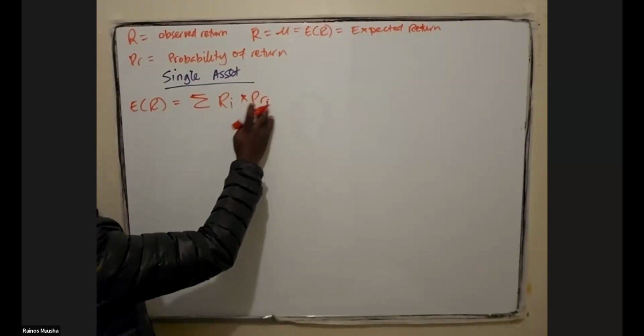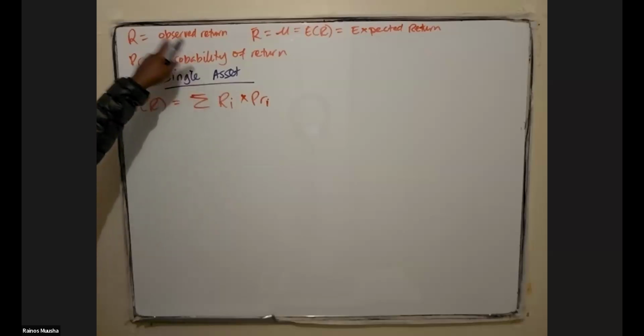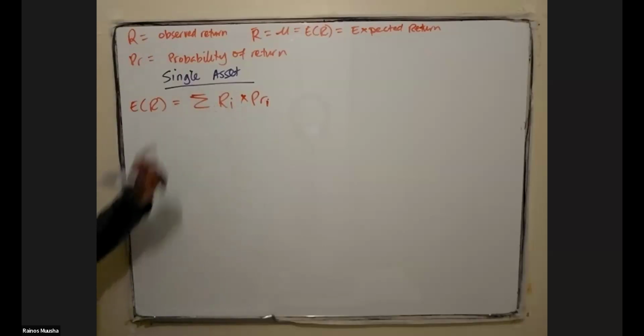So the expected return is generally given as the observed return multiplied by the probability of return, and we are going to be summing them up for the different scenarios as well.